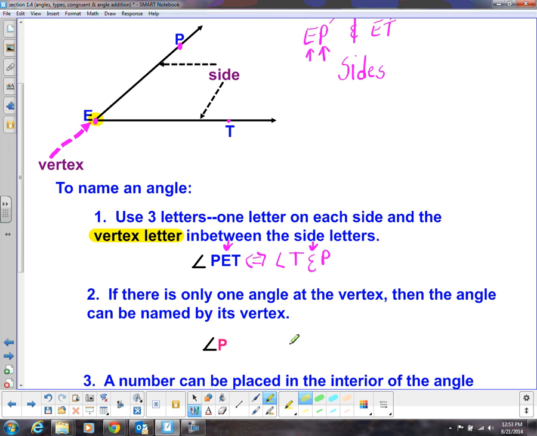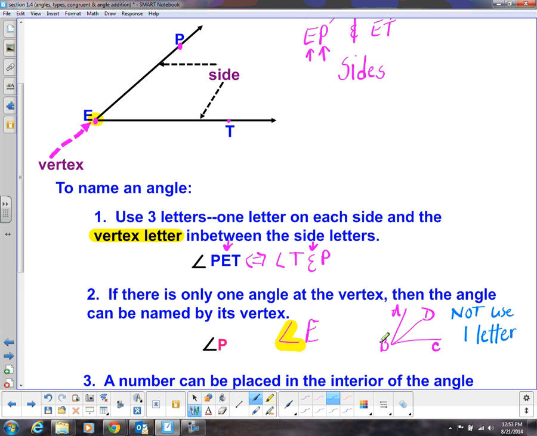In the example up above, I could call this angle E. Now, if I were to draw this picture where this is A, B, C, D, we cannot use a single letter. This is why.